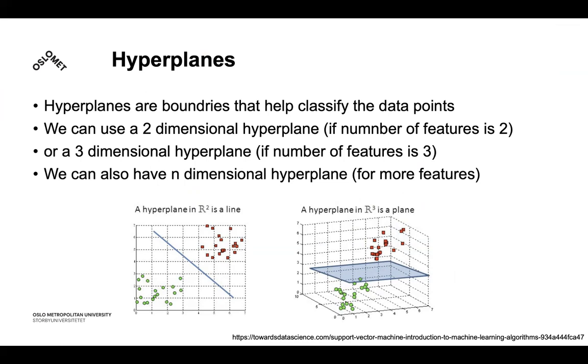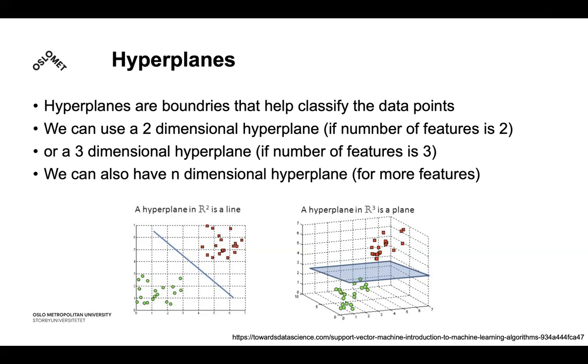Just a bit more on hyperplanes, because hyperplanes are used in a lot more algorithms as well. You normally use a two-dimensional hyperplane, which is that one, but you can also use a three-dimensional hyperplane.